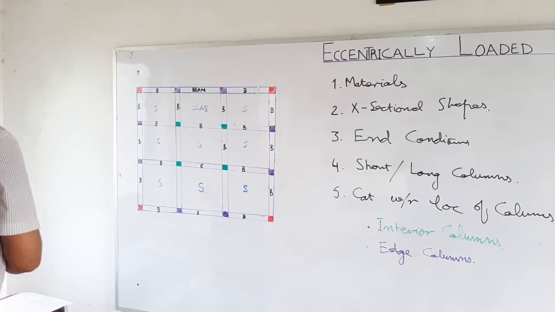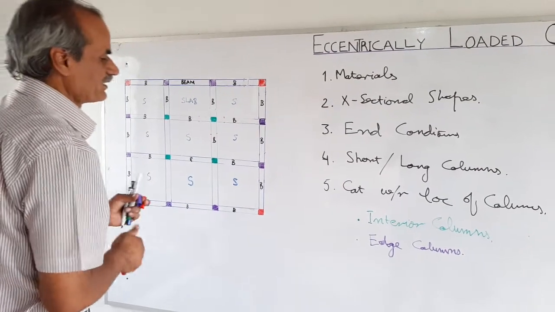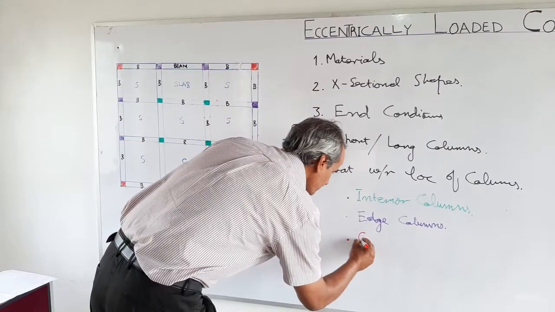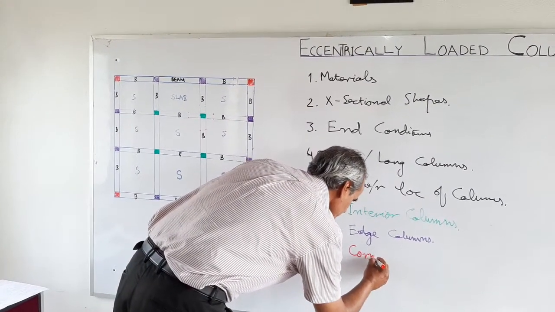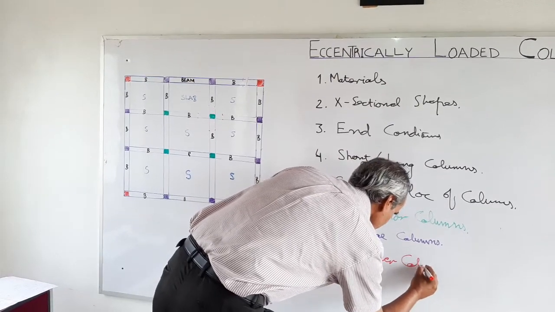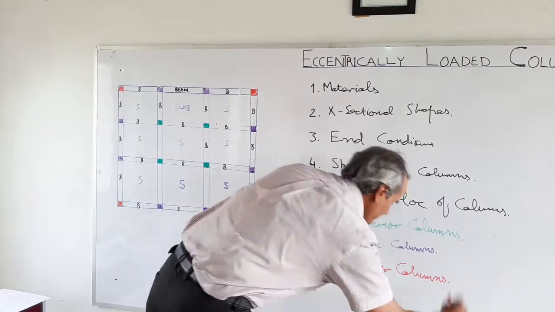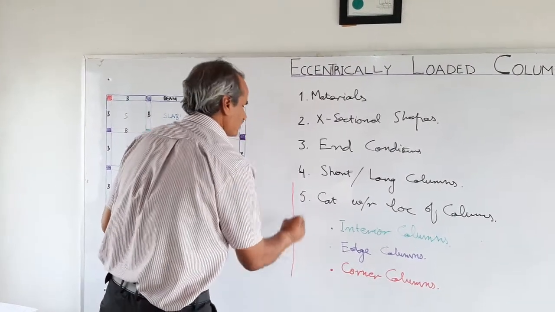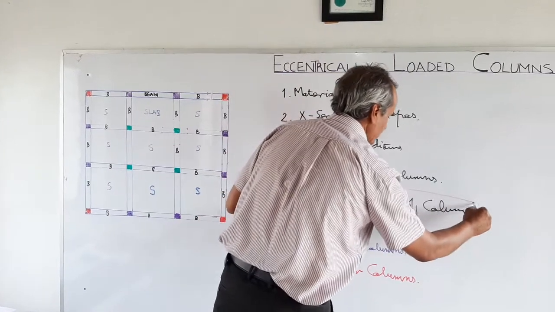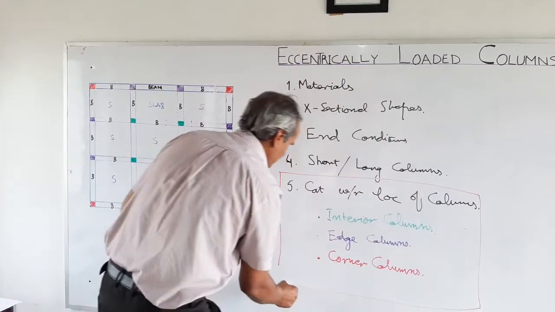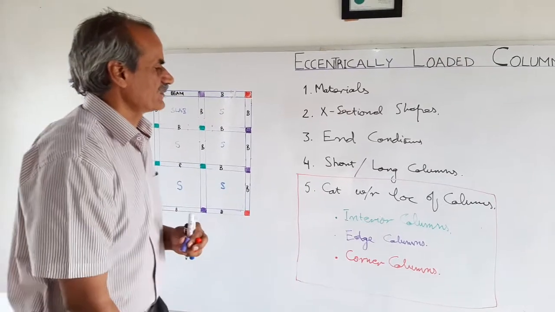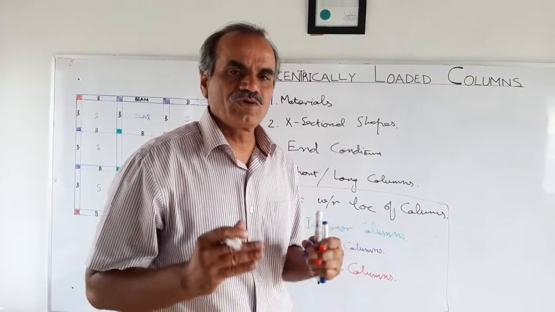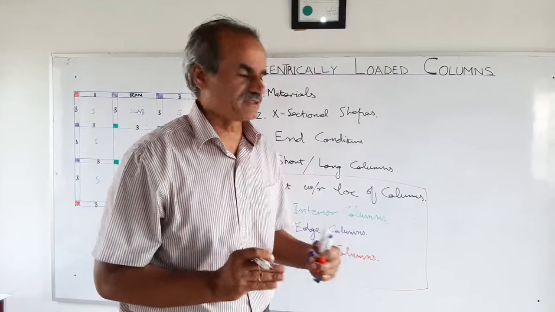And the 4th category over here is the red category, and by virtue of their location, they are called corner columns. Now, the categorization with respect to location in the building is important for today's lecture, and we will deliberate how they are loaded and how we find stresses in these columns.